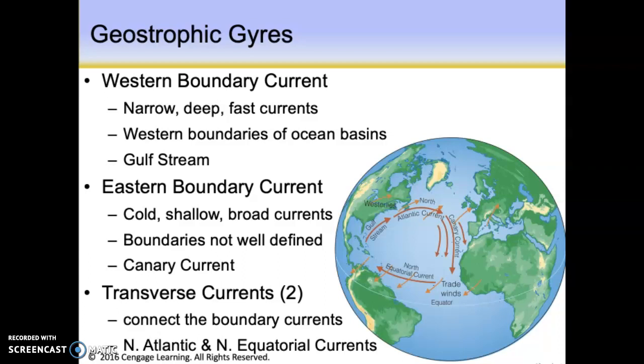It is cold, it is shallow, it is broad, and it is also slow. And it takes the water back to the equator, to our second transverse current, which is an equatorial current. And you'll notice that is the one that is created by the trade winds, and it starts the cycle all over again.